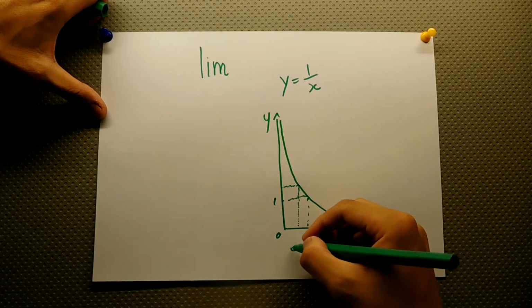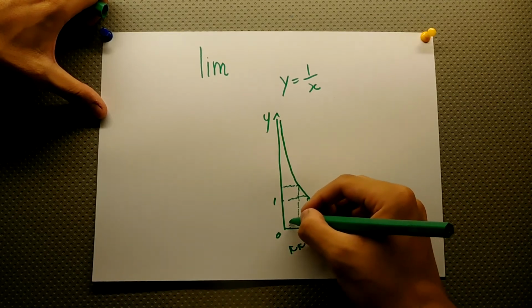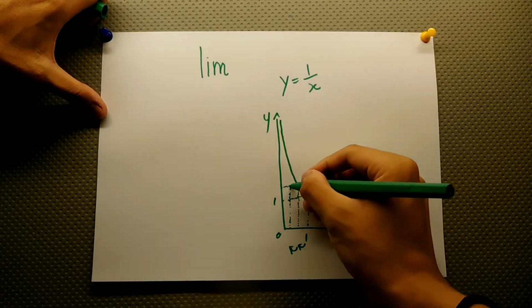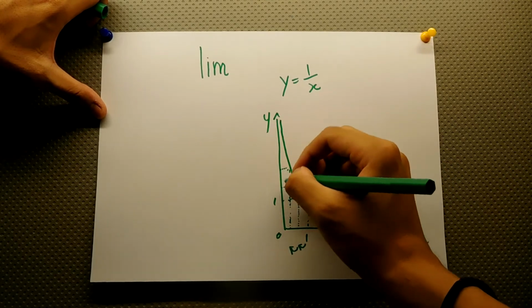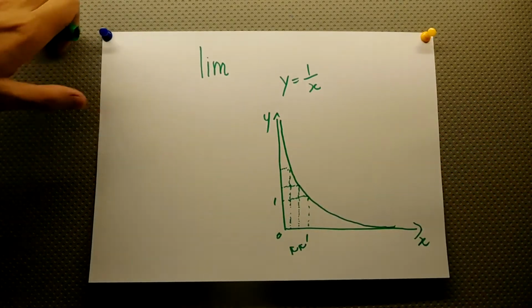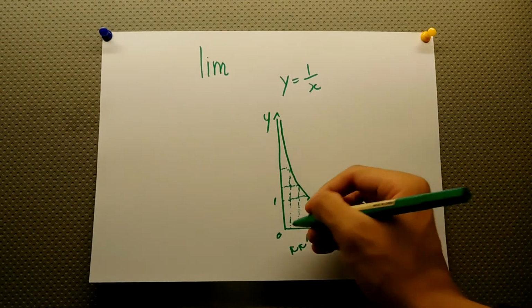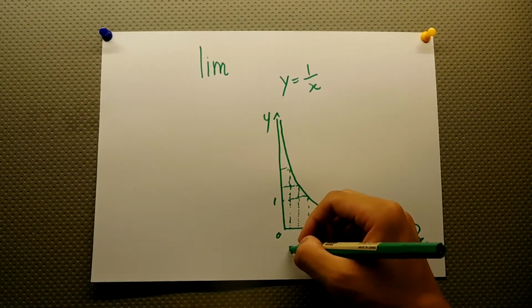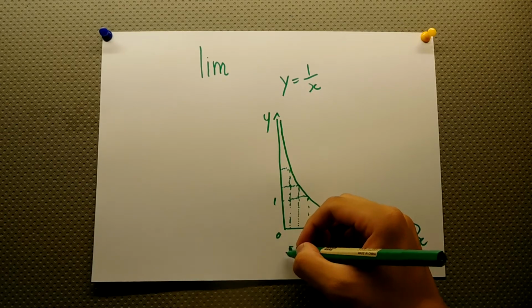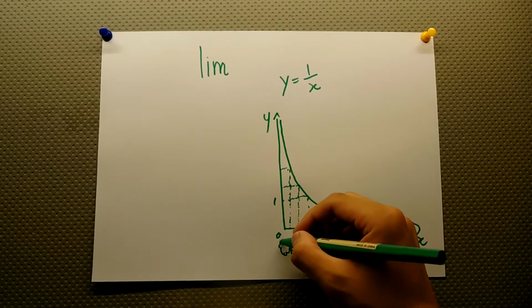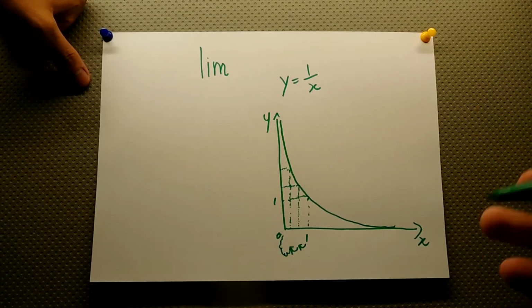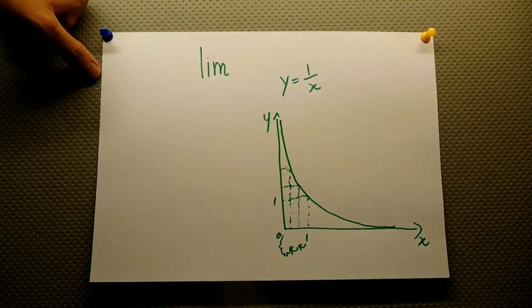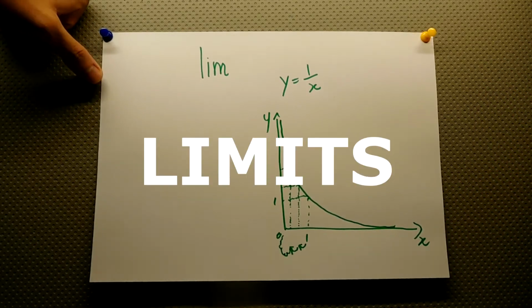So we take another step to the left, dot here and find the corresponding y value, and it has increased once again. With each iteration, we take one step until we are very, very close to 0, but not really 0. This is what we mean by limits.